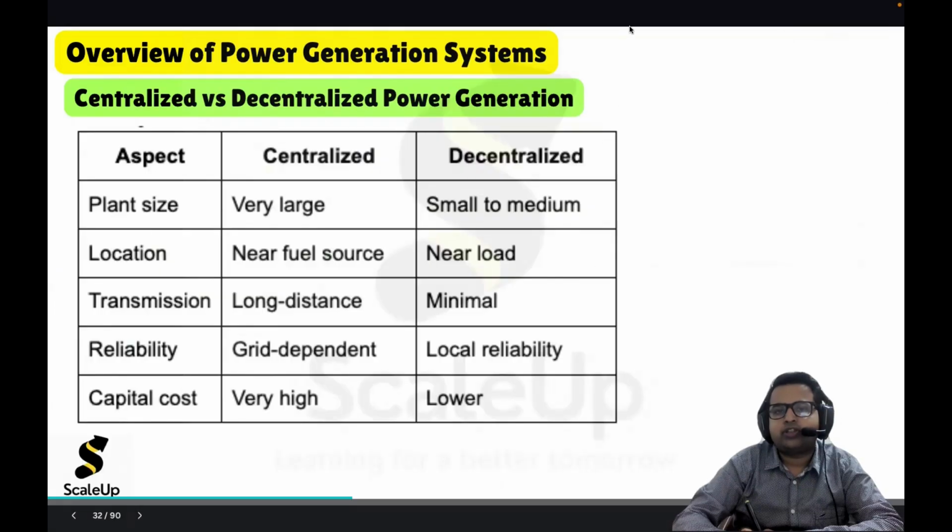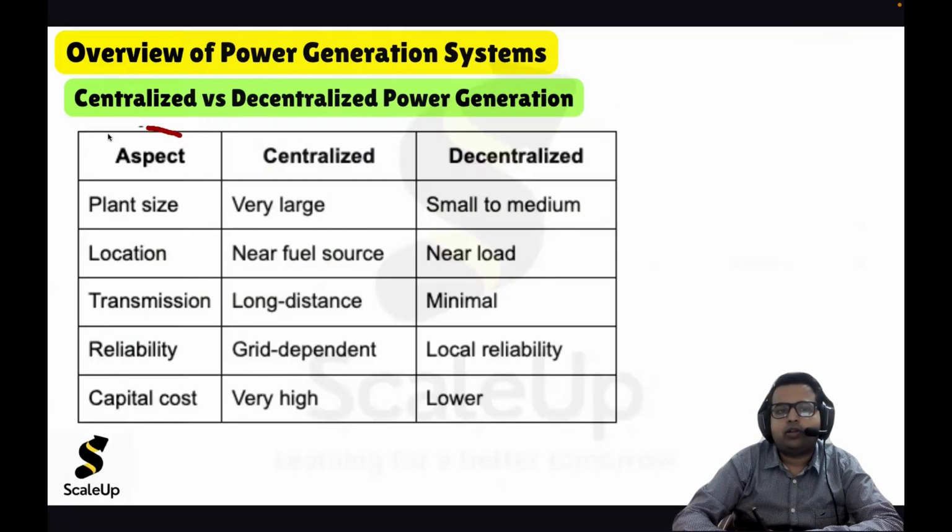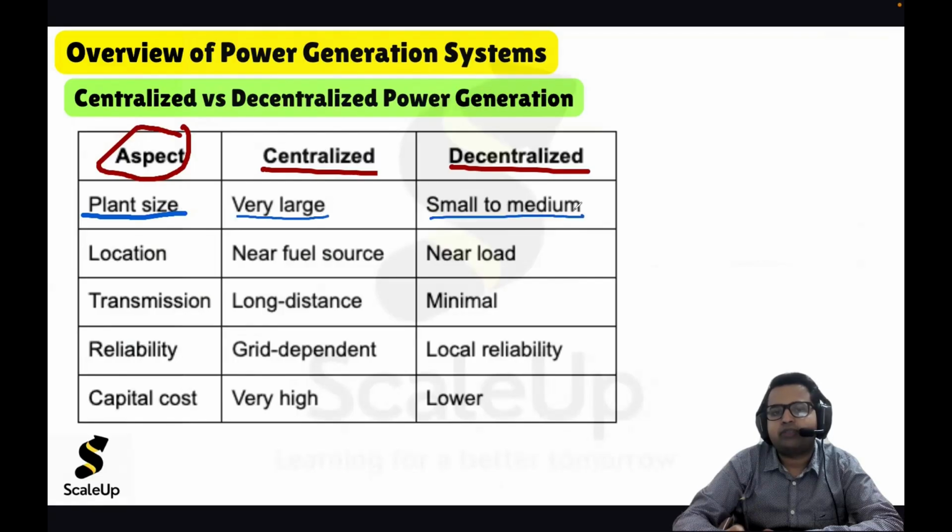So if we look into this table, we will be looking at aspects for centralized and decentralized. For the aspect of plant size, centralized power plants are very large in size, and decentralized are small to medium size.